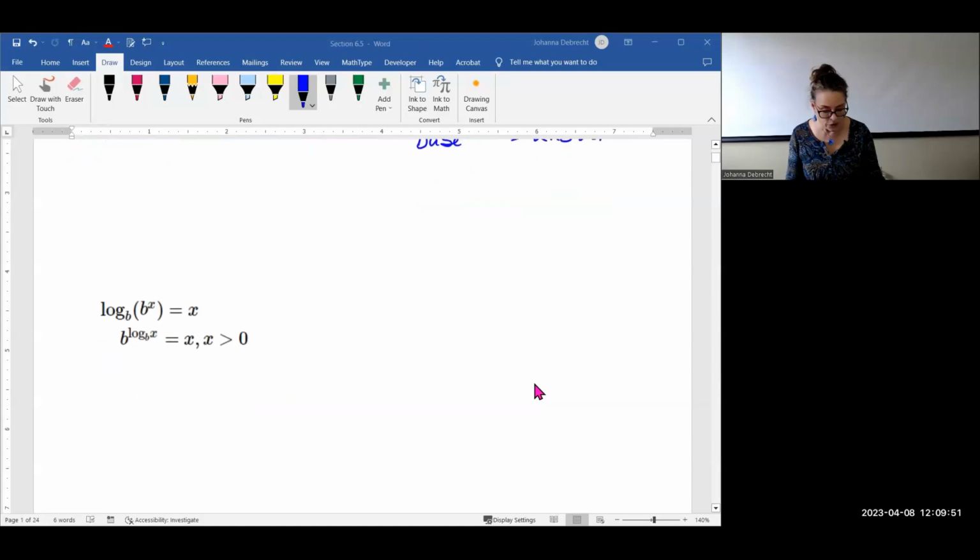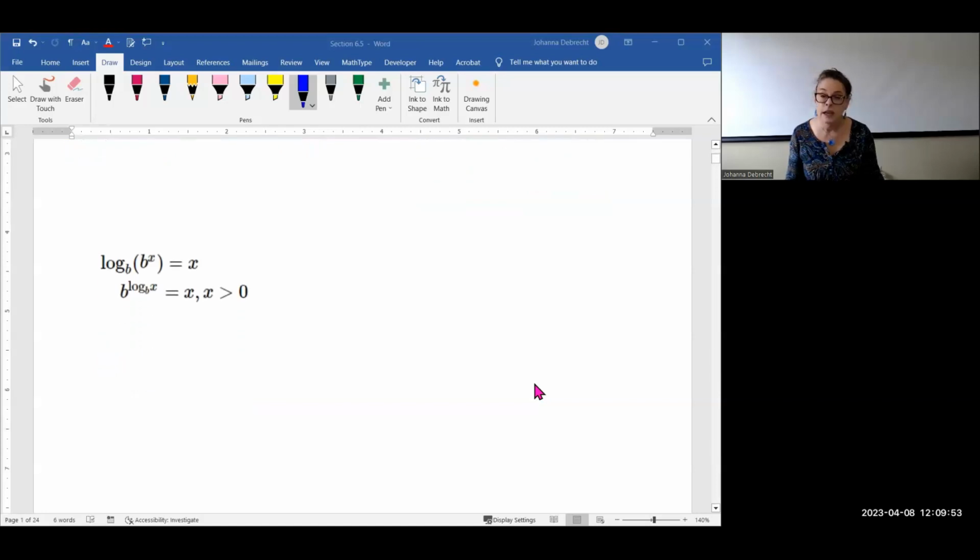Let's move on now to another set of properties. These are also going to be able to be written in their exponential form, and these look kind of different. These are kind of weird, all right? The first one is pretty obvious. So this would be log property number 3.